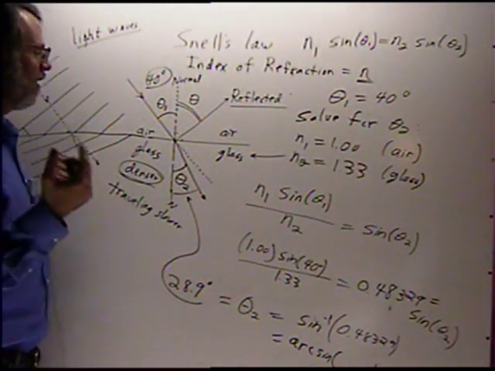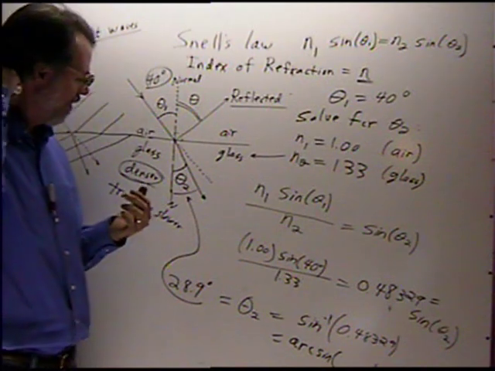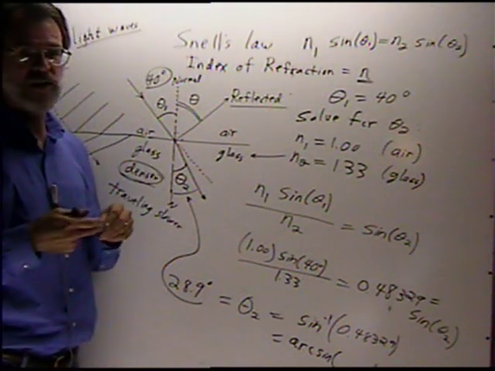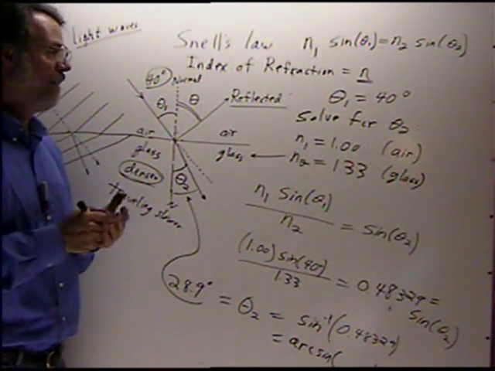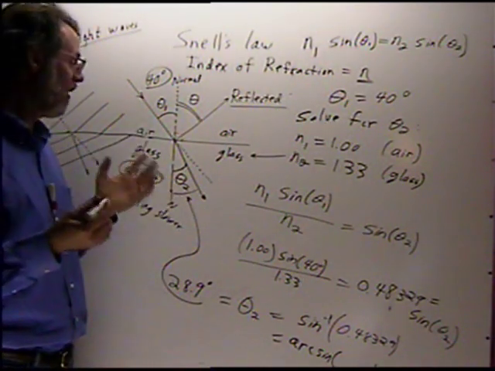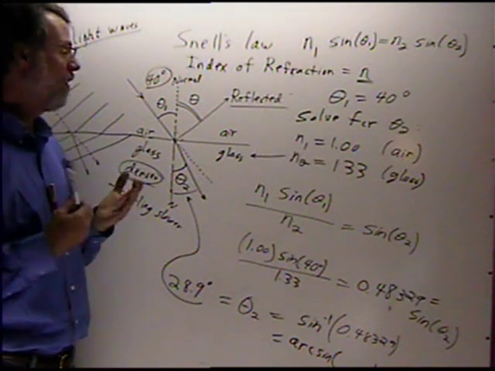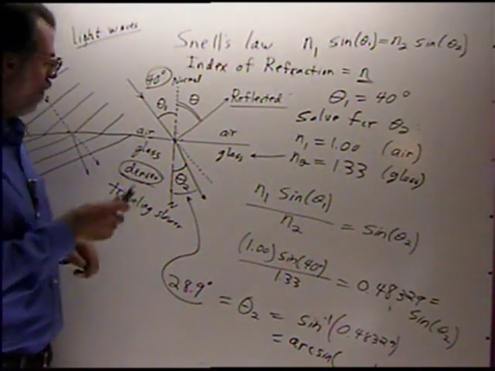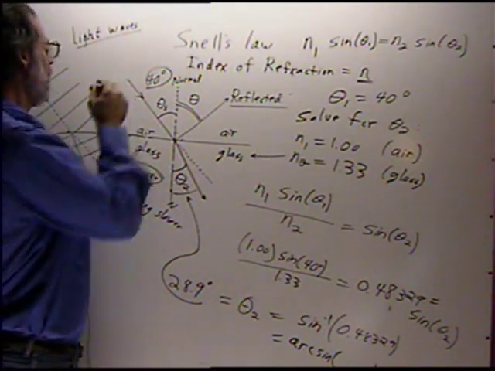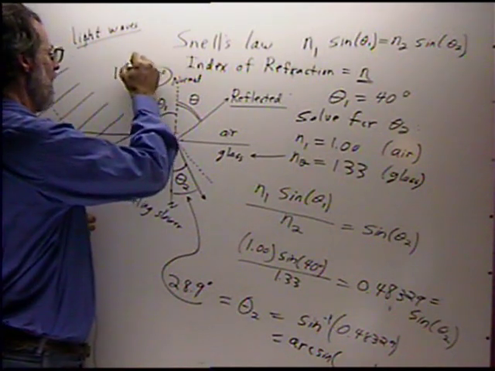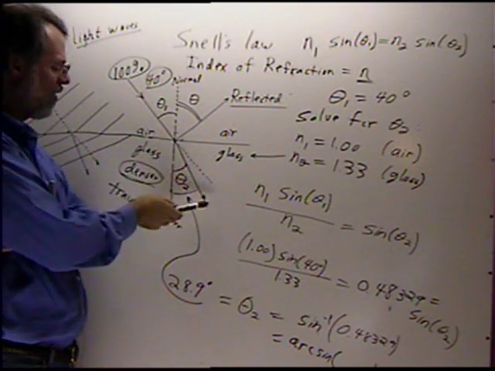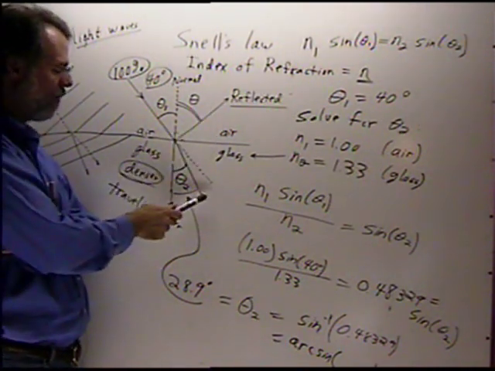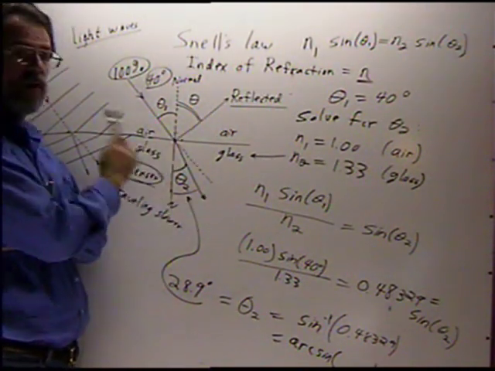Now I need to talk about this: intensity. The book doesn't really talk about this, but in a higher level optics class we'd talk a lot about it. Say this is 100% of the incident light beam coming in. You may ask, how much light gets reflected and how much gets refracted? Because both are happening.